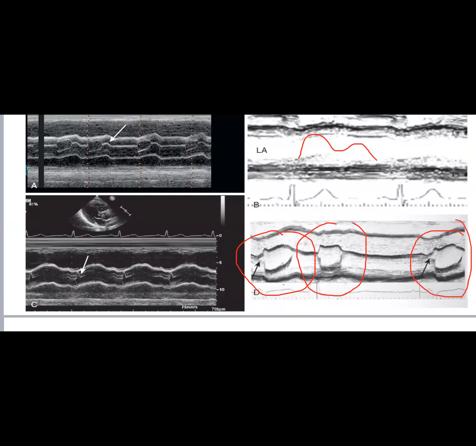So what happened here, if you compare this beat to this beat, you see that the aortic valve here opens prematurely. If you compare it with this one, you see the arrow pointing to the premature opening of the aortic valve, and that comes after the pause.